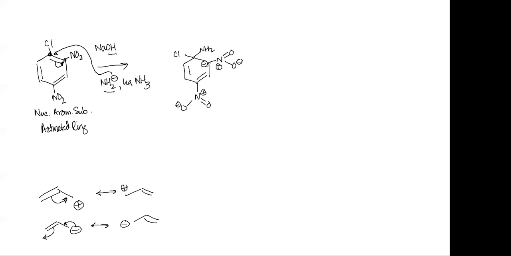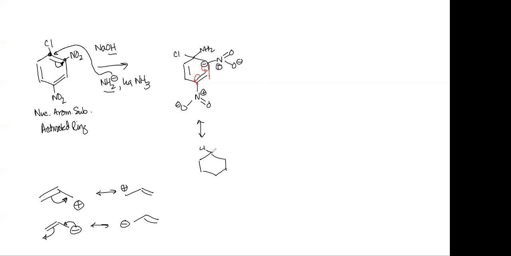So if I'm sitting here with my O minus, I could take this pair of electrons, change the color on it, and bring that O minus to form a double bond here. But at the same time, I've got to take this pair of electrons and give it to the carbon that is attached to the other nitro group. If I do that, I'm going to form, and I'm going to write it down here, a second resonance structure.